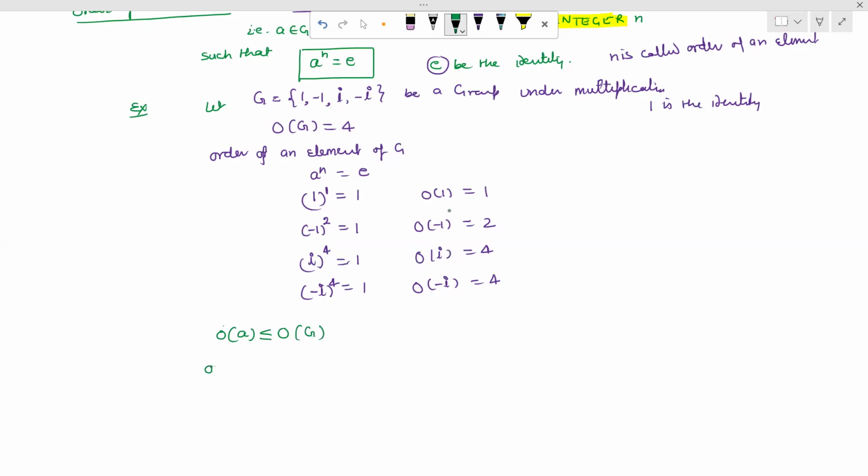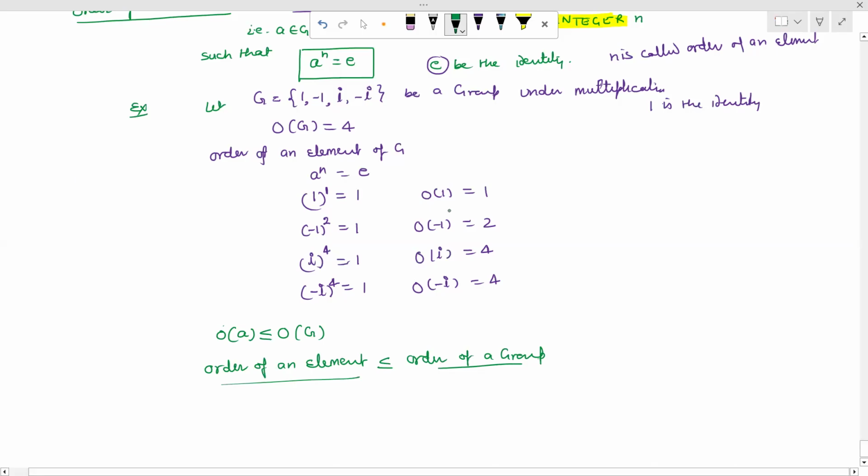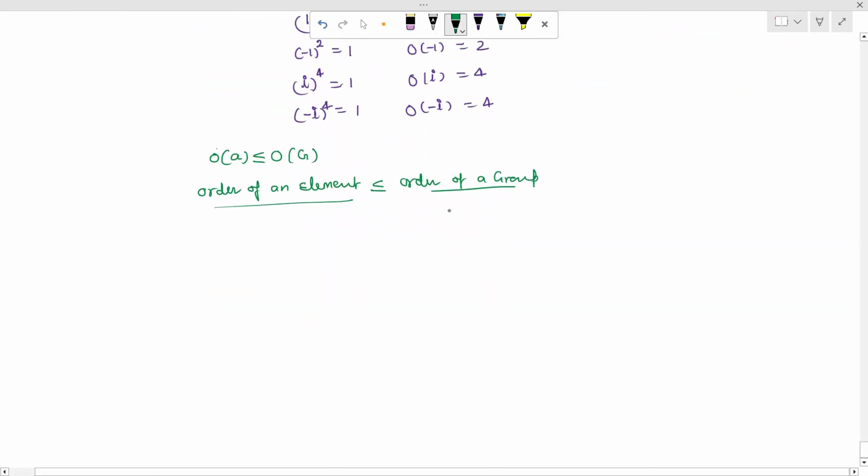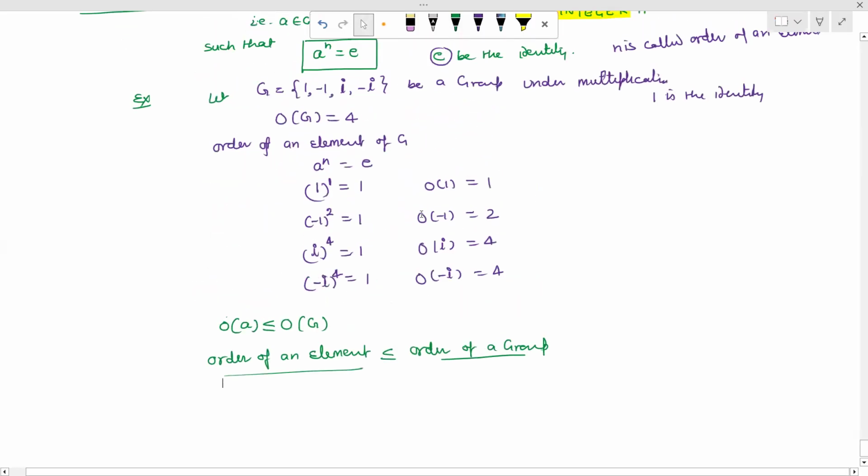So we can write the order of an element is less than or equal to the order of a group. The order of a is less than or equal to the order of G. Here G has order 4, so the elements have a maximum order of 4. The order of an element is always less than or equal to the order of a group.